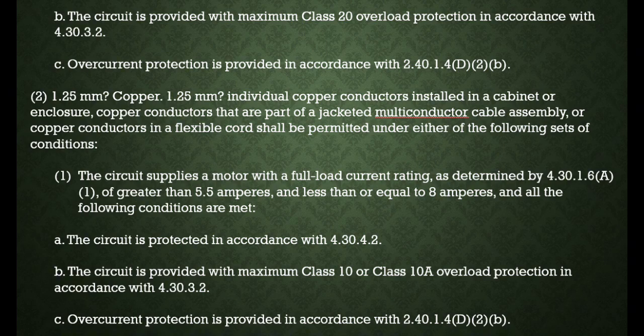For motors with a full load current between 5.5 and 8 amps, the circuit needs protection per 4.30.4.2, class 10 overload protection per 4.30.3.2 and overcurrent protection per 2.40.1.4 D. It also mentions class 20 overload protection in accordance with 4.30.3.2.